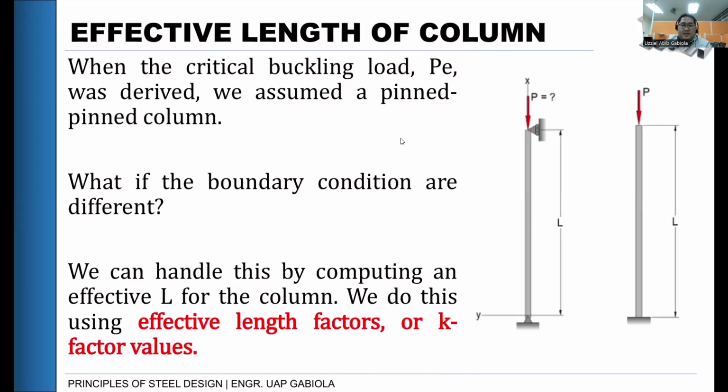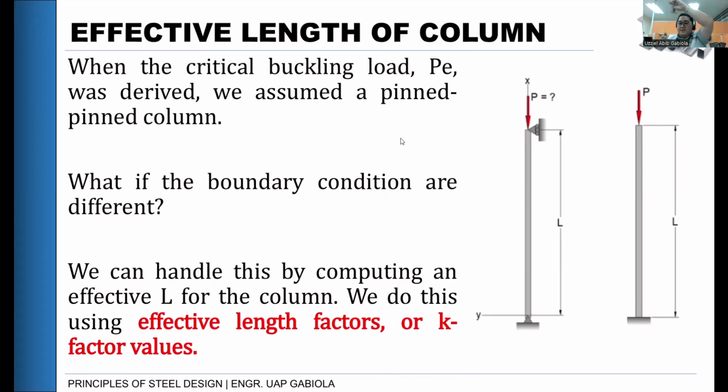Okay? So, nakalagay dito, when the critical buckling load, yung PE natin, was derived, ang assumption natin is pin-pin siya. So, what if naging fixed na siya, no? Kasi nga, di ba, halimbawa, ito yung column natin. Kung ang assumption natin kanina ay simply supported siya, ganyan yung buckling niya, mabilis siya, no?